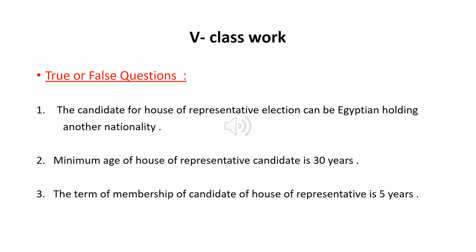And elections must be held 60 days before the end of term, meaning that if you are a member in the House of Representatives or the Parliament, the new elections will be held 60 days before your membership ends.